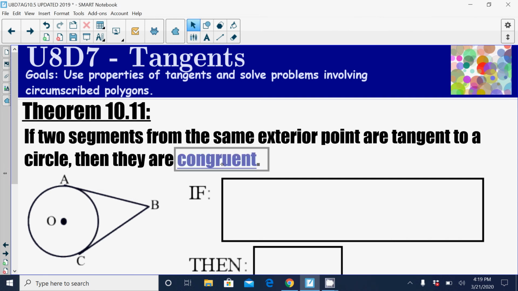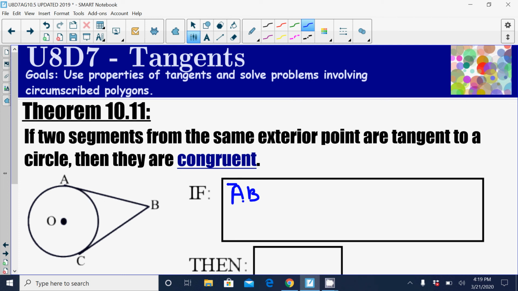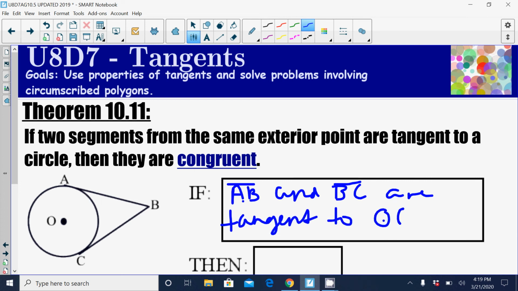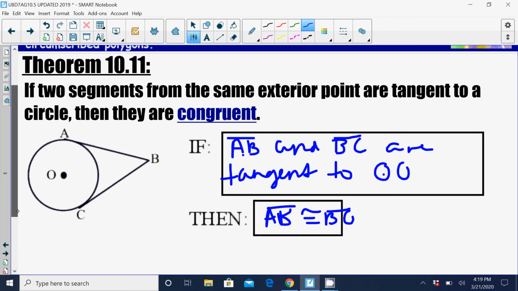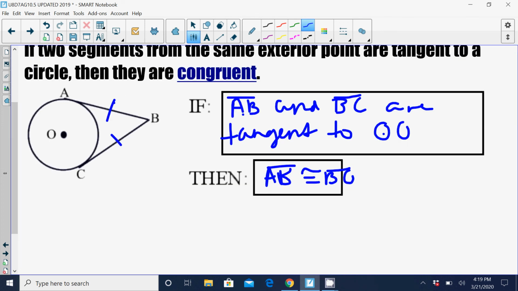If I wanted to interpret that with this diagram off to the left, what I would say is if AB and BC are tangent to circle O, then we can assume that segment AB is congruent to segment BC. Basically that's just saying those two segments are going to be congruent.